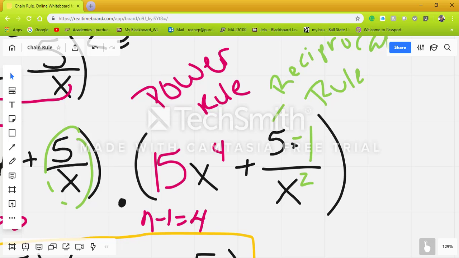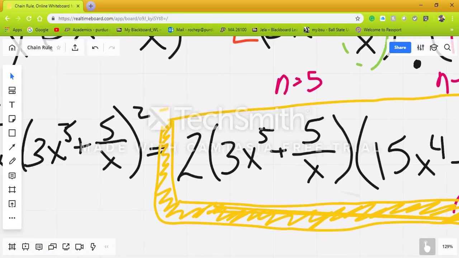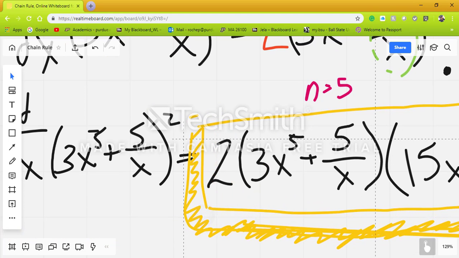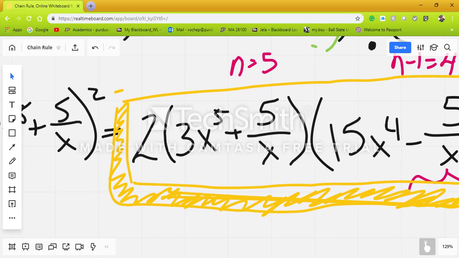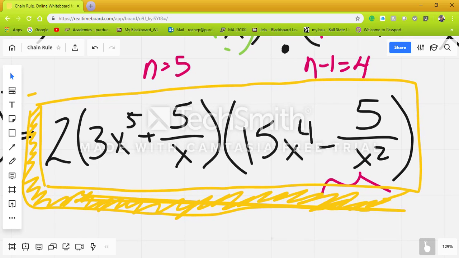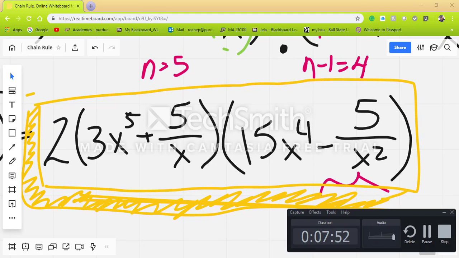And then simply come down here to simplify everything. So the derivative of 3x to the 5th plus 5 over x, quantity squared, equals 2 times the quantity 3x to the 5th plus 5 over x, times the quantity 15x to the 4th minus 5 over x squared.